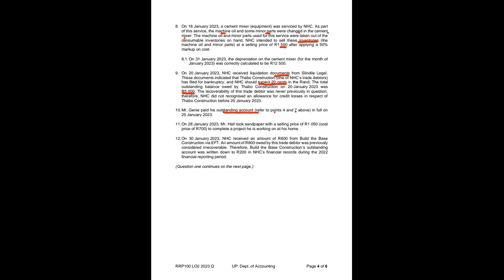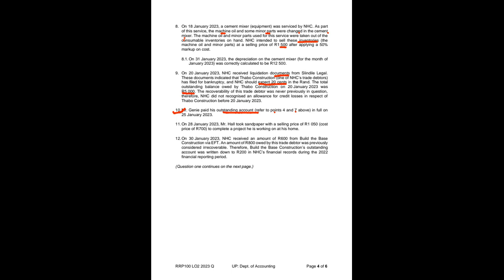Then the information point 10 we already did when we spoke about Genie. So on the 28th of January, now this is in information point 11, Mr. Hall took sandpaper. The selling price of the sandpaper was 1,050 rand, and the cost price was 700 rand, to complete a project at his home. So this was clearly personal use.